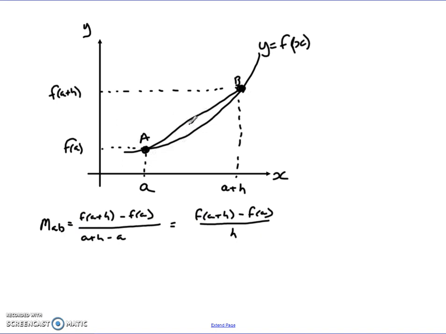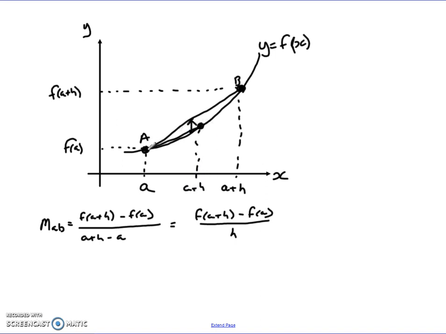But the issue is there's quite a big difference between this straight line and the curve. So you've got to ask yourself, how can I make that more accurate? Well, I could pick a smaller value of h. So imagine I then picked the value of h to be there. So there would be my new a plus h.